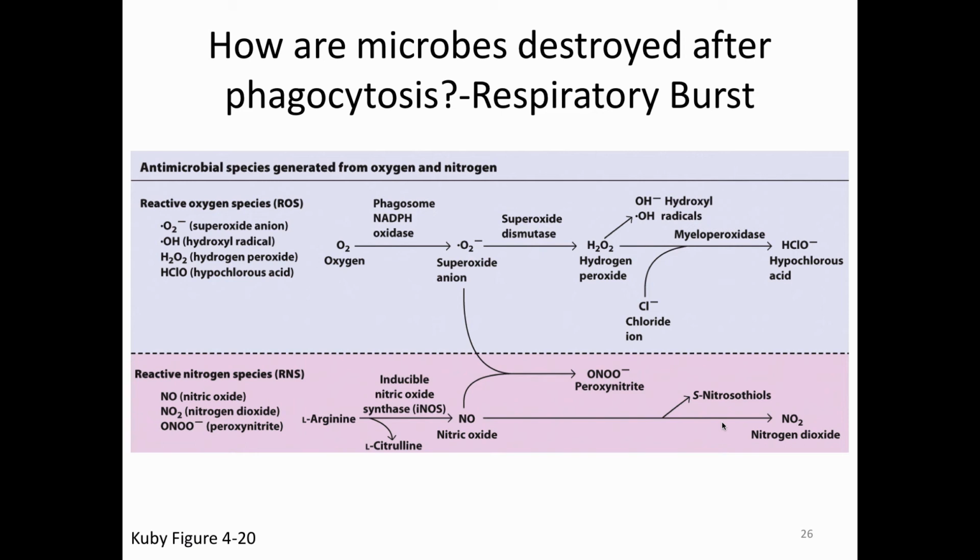The neutrophil or any phagocyte will have the enzymes that allow them to make these products. We also will see production of an enzyme called iNOS, or inducible nitric oxide synthase, which you can see listed here; I like to say synthetase. This will allow us to start with the amino acid arginine and go to things like nitric oxide, peroxynitrite, or nitrogen dioxide.